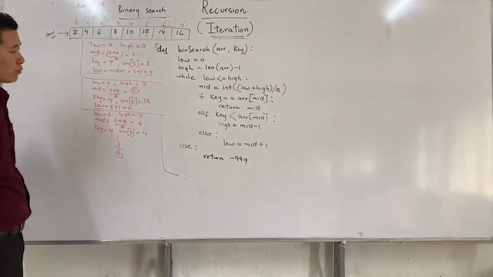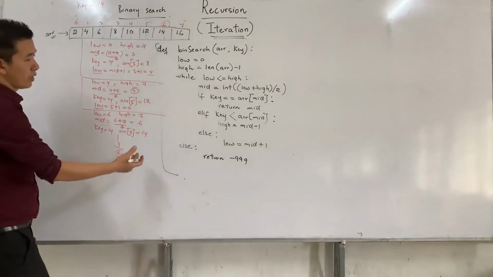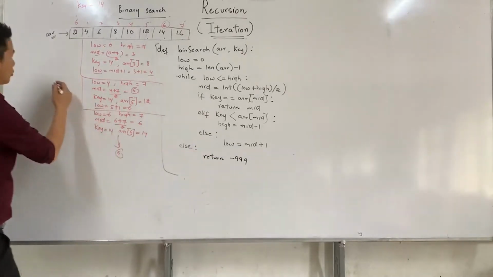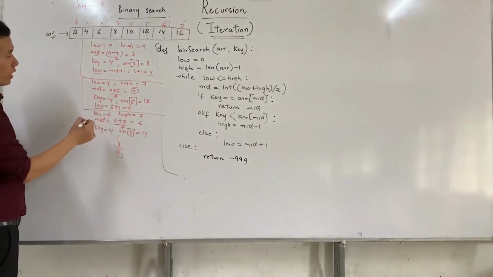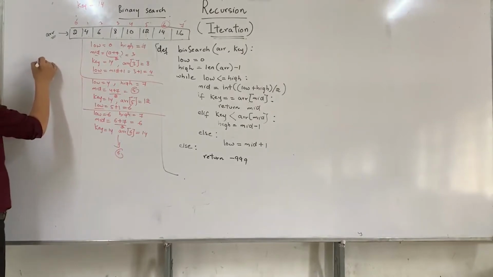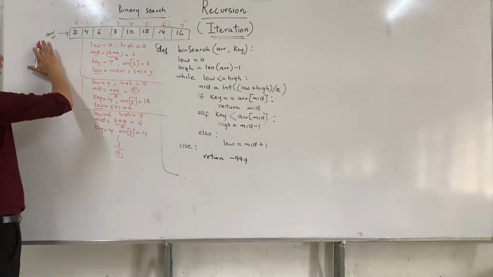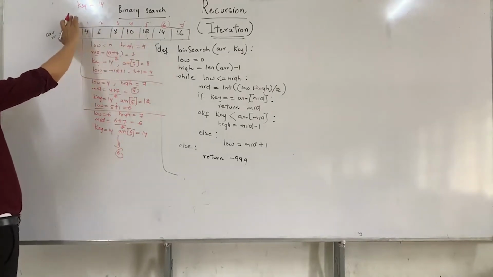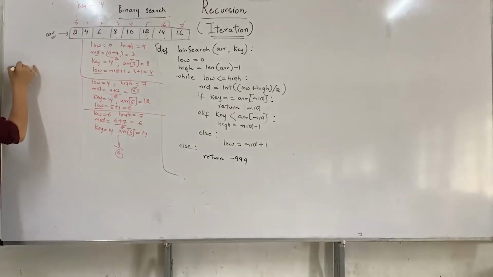So in the main part of the program, if you want to write it, it's going to be something like this. Say, assuming the value of ARR as this, key value as 14, you will have something like this.